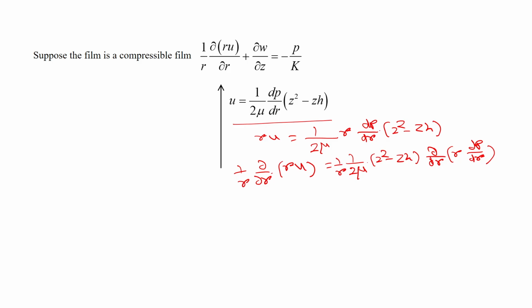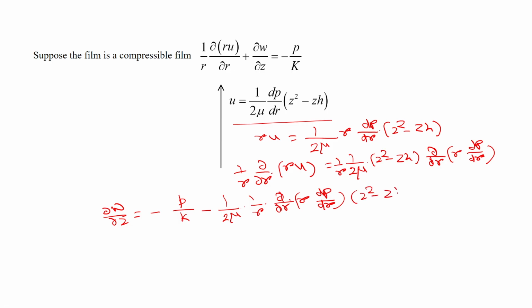Therefore, del w by del z will be equal to minus p by k and minus this quantity, so it is minus 1 by 2 mu, and then 1 by r, del by del r of r dp by dr, times z square minus zh.